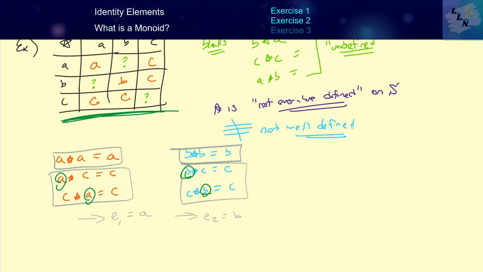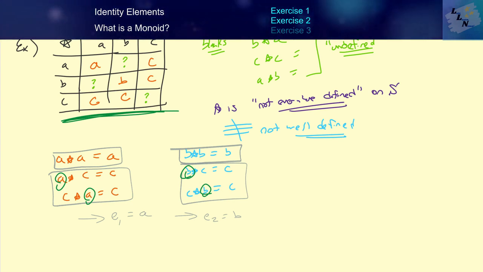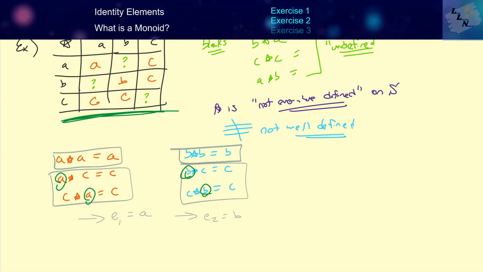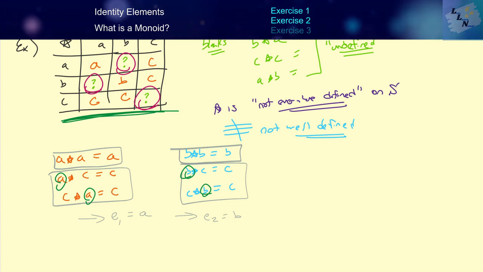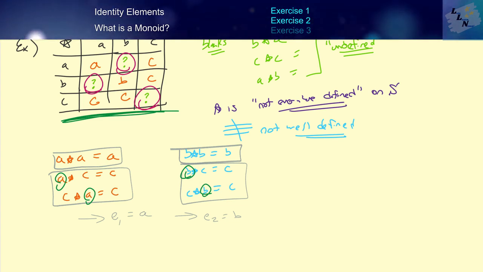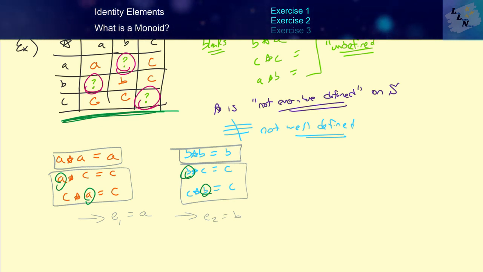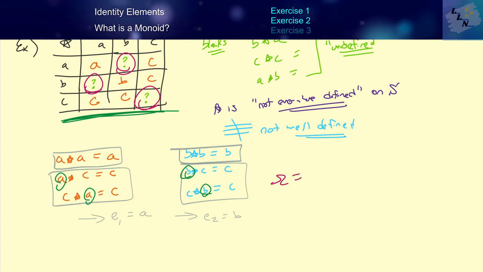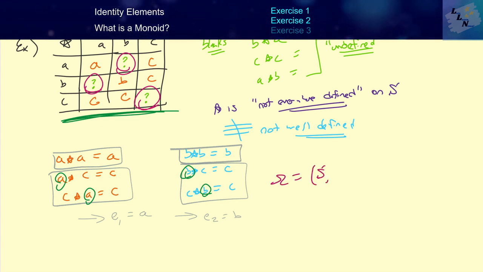So one of my last questions that I'm going to leave you with is: is it possible that you can fill in these three blanks with either A, B, or C, not more than one, else you have some well-defined type of issues, such that this particular set, I'll call it, say, omega, is equal to S star.